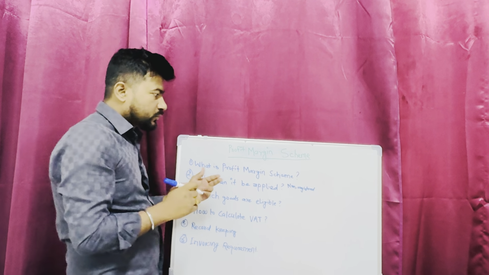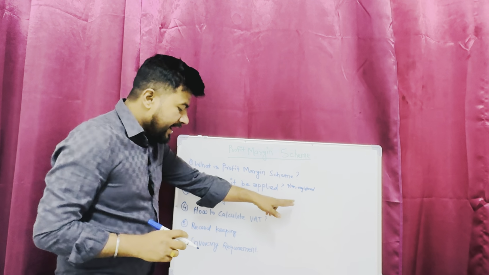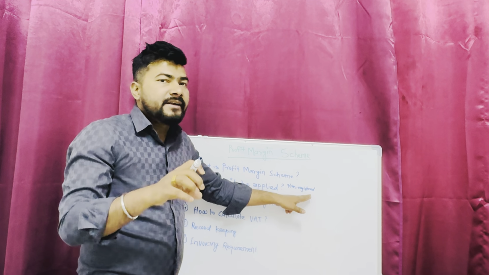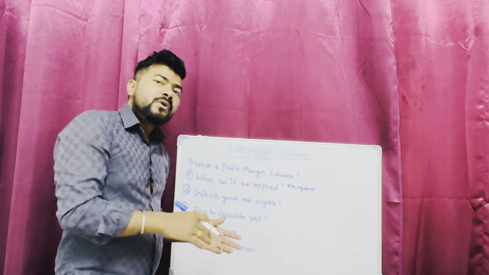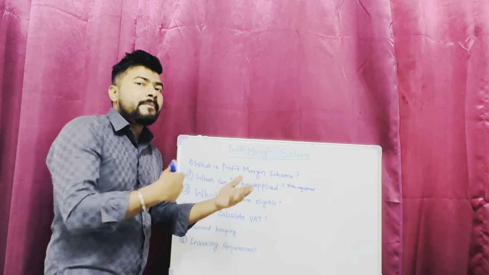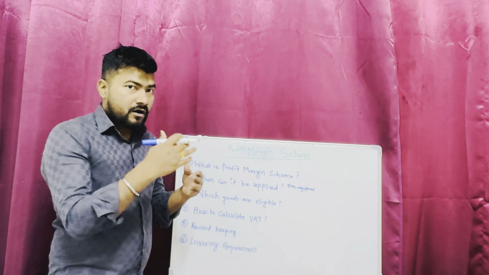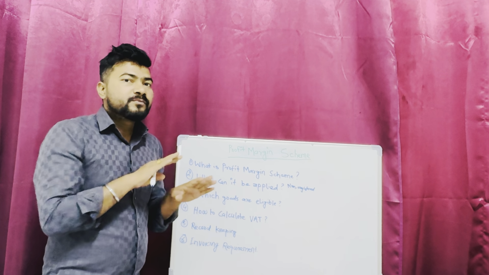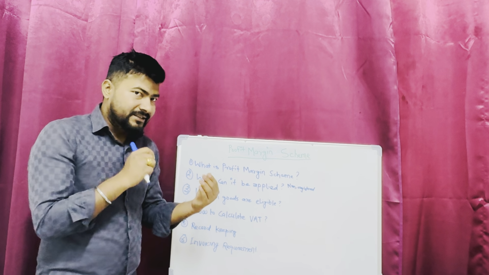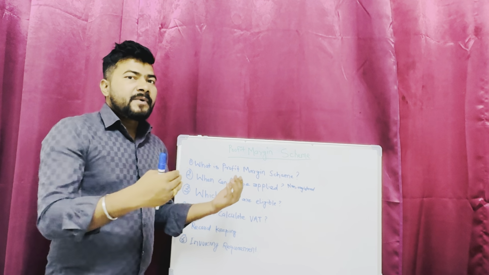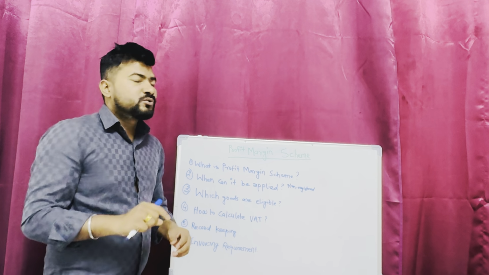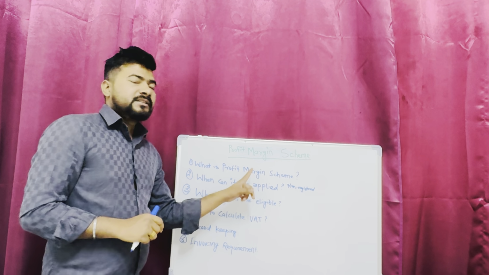So these two conditions: number one, you buy the goods from a non-registered person or from suppliers who are already applying this scheme, and where input VAT is blocked. Suppose any goods where input VAT is already claimed or can be recoverable, for such goods you cannot apply the margin scheme.